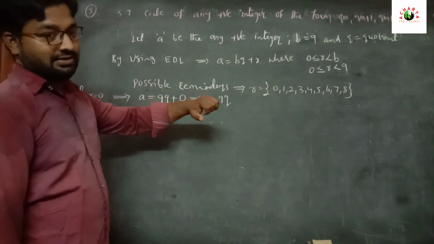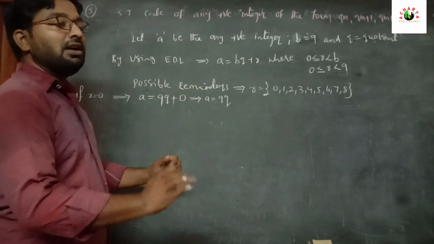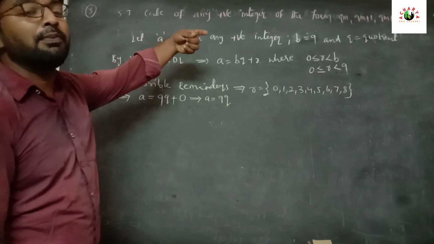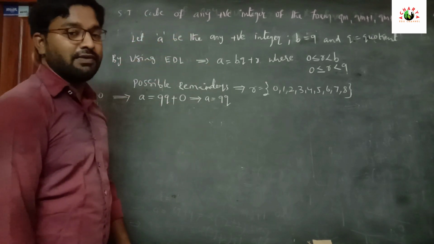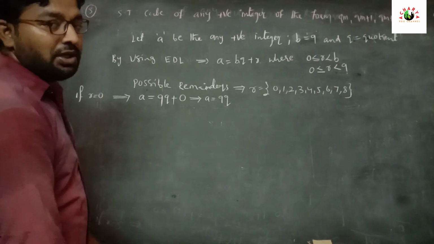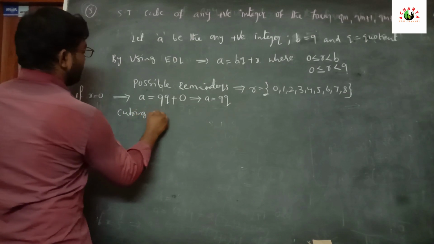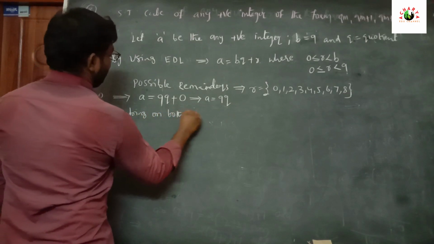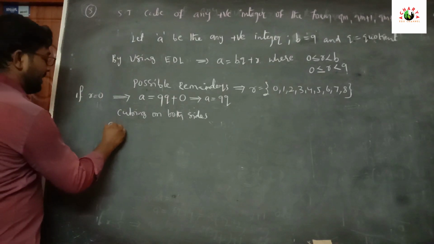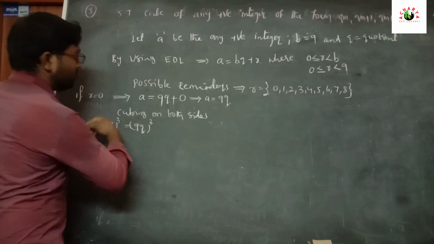So in second case, we are squaring on both sides. In third case, here show that cube of any positive integer is of the form given. So we have to do cubing on both sides. Cubing on both sides. So now a cube is equal to 9q whole cube.